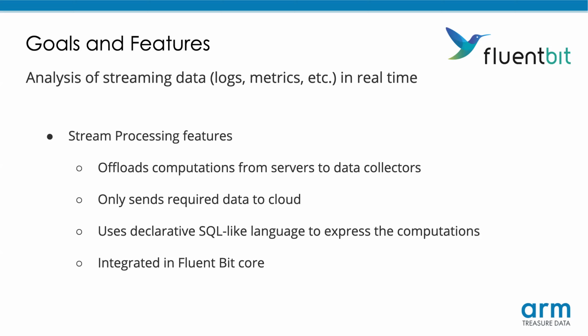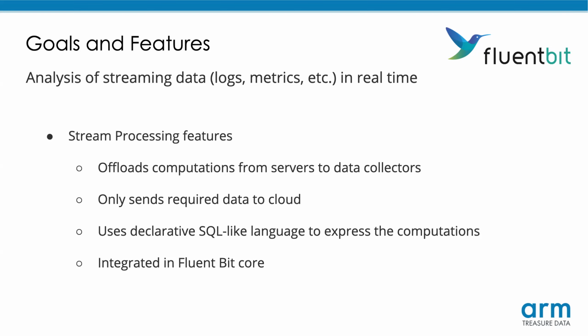You're paying a lot less for your traffic flow between edge devices and the cloud, and you will actually be very fast. It also only sends required data to the cloud. So you may do computations and say, okay, if the computations had this result, don't send data to the cloud. So you can decide on sending the data that you want to the cloud.